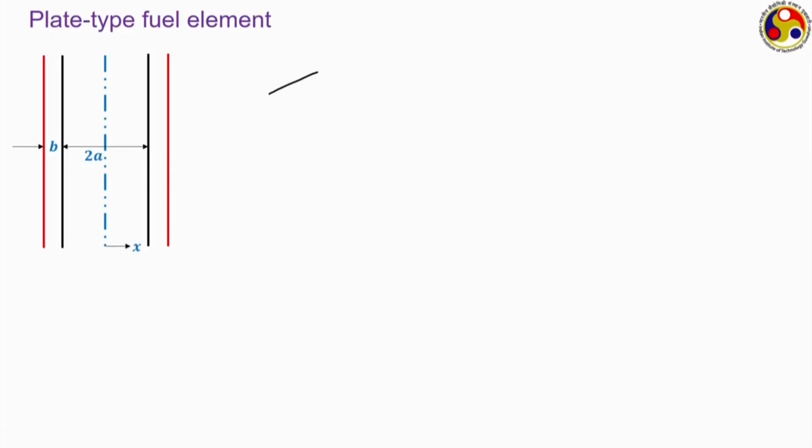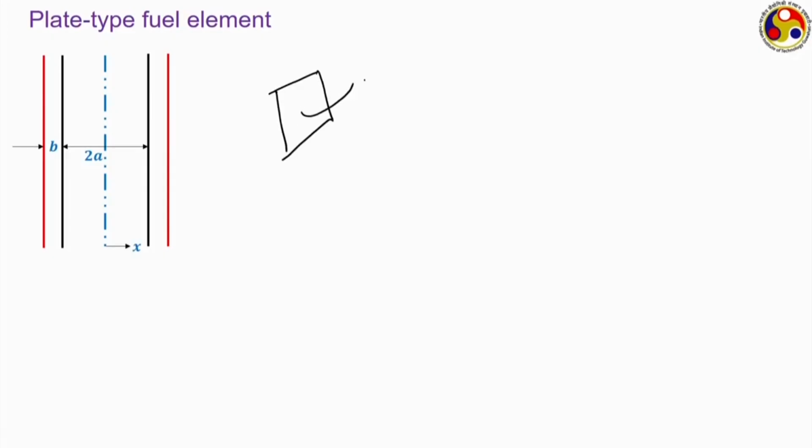Our first case is that of a plate type fuel element. As I have mentioned, commonly reactors have two kinds of fuel pellets, one is of a plate kind, the other is cylindrical or fuel rod. So, here we have a plate type fuel element of thickness 2a, which is not possible to show in the diagram.